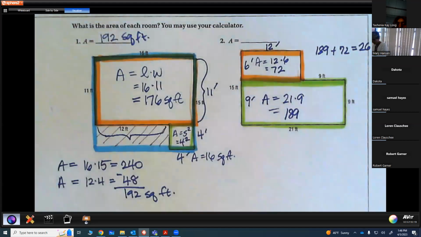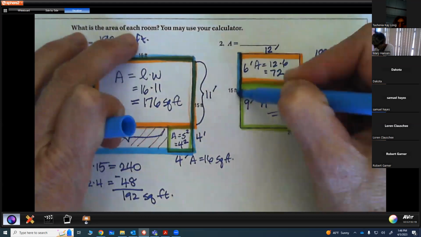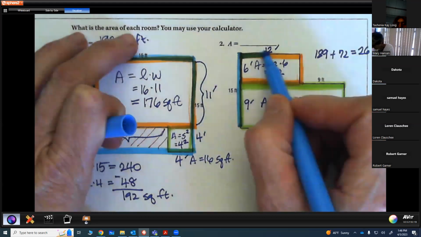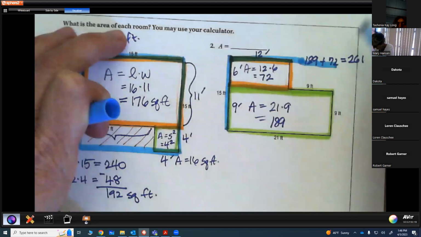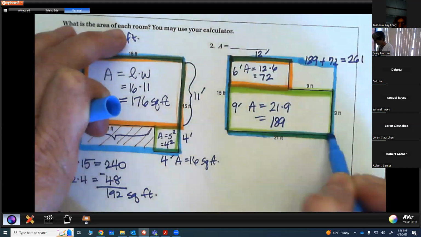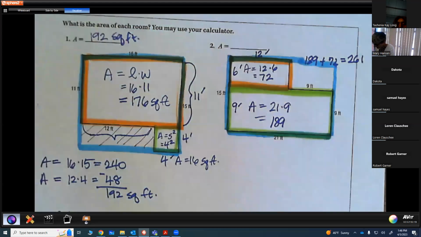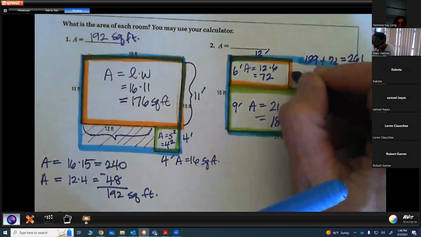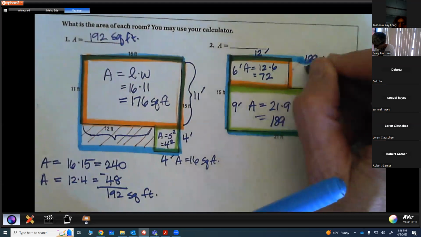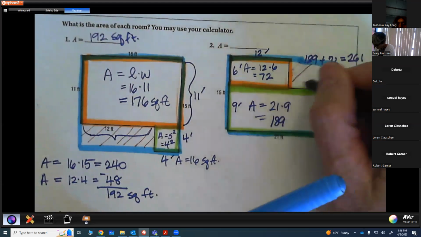If you think more in negative space, I guess, and you thought about a big blue rectangle that you're going to subtract out this red hashed piece from. Now my red's not going to work.